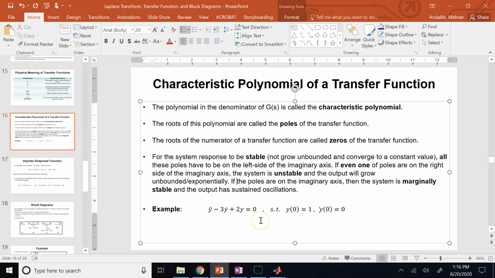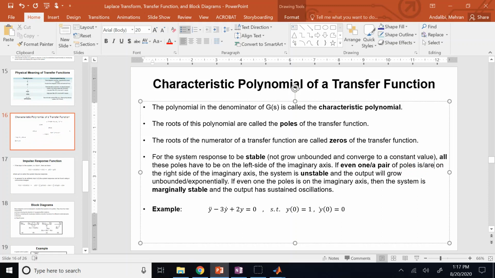And if even one of the poles, of course you never have just one of the poles, the roots are always complex conjugate, so it's always going to be a pair of poles. So even one or a pair of the poles is or are on the imaginary axis, then we say the system is what?